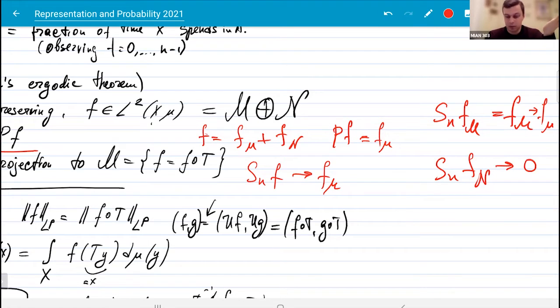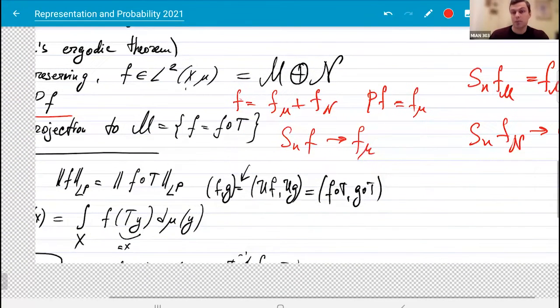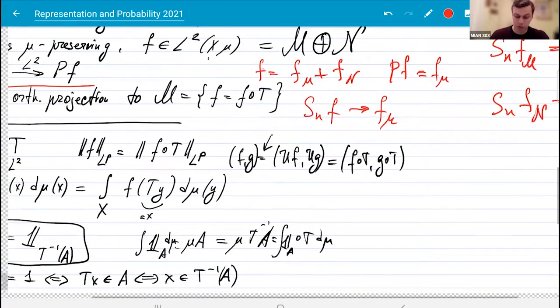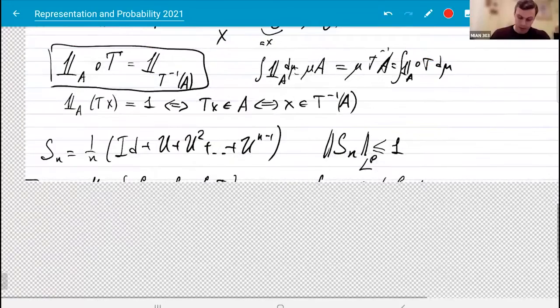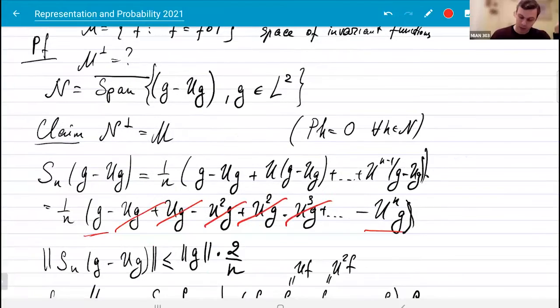And so for any function from N, we want to prove that Sn of this function converges to 0. So it seems that this was the proof. But I state that this is an incomplete proof. Why is it so?